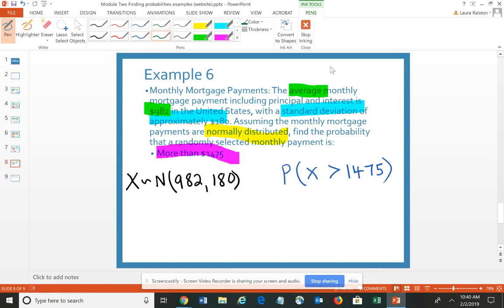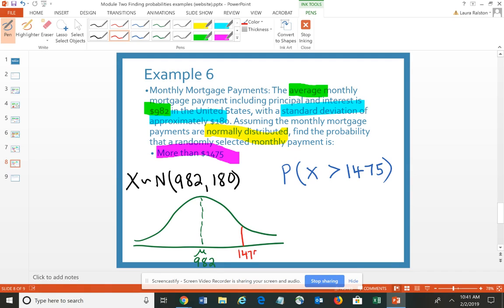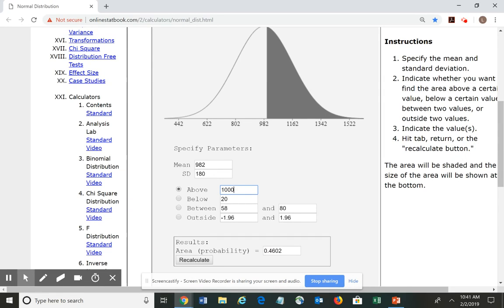So drawing my picture, horizontal number line, bell-shaped distribution, mean in the middle, which is 982. 1475 would be above that. So here's 1475, and we're above. Going out to our website, our mean is 982, standard deviation is 180.